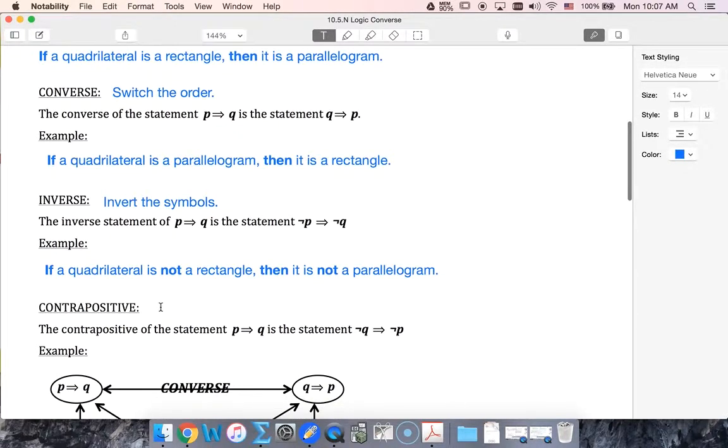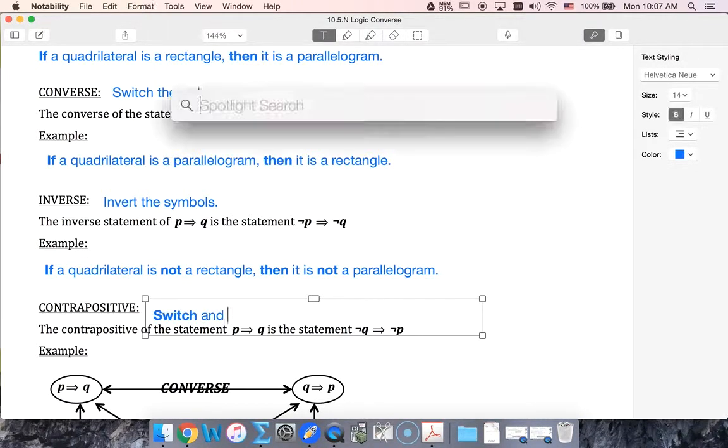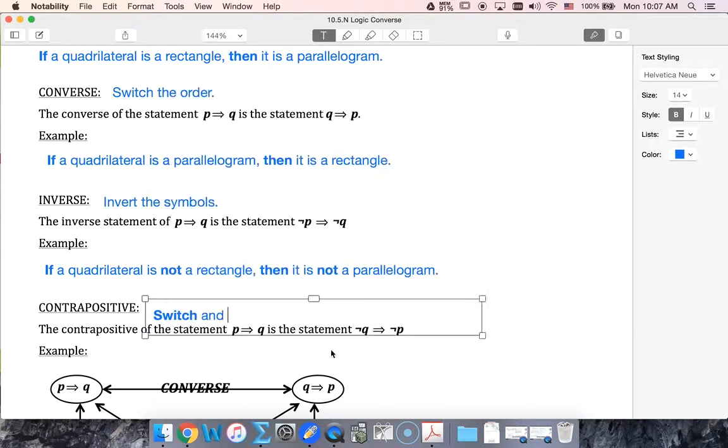The contrapositive is when I do both actions. I switch the order and I invert the symbols. So switch and invert.